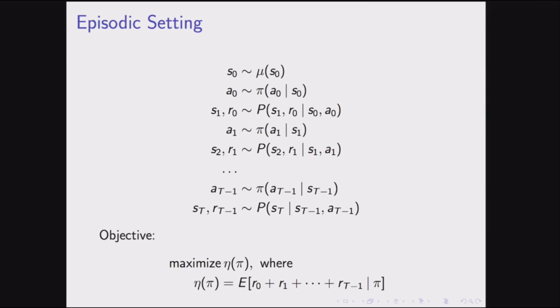Then we sample next state and reward from the transition probability distribution, and so on until we reach a terminal state, S sub T. And then the quantity we care about is the sum of all these rewards, R0 plus R1 dot dot dot plus R sub T minus 1. And we want to maximize, so eta of pi is just defined as the expected total reward of the policy pi.